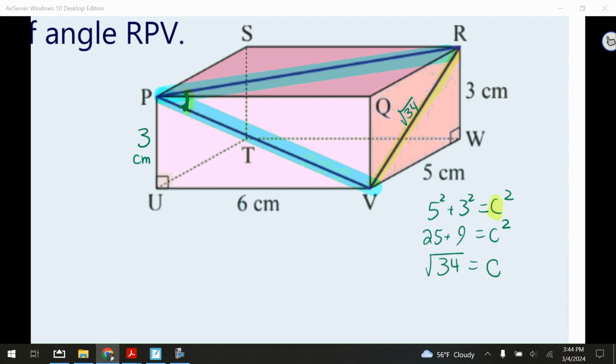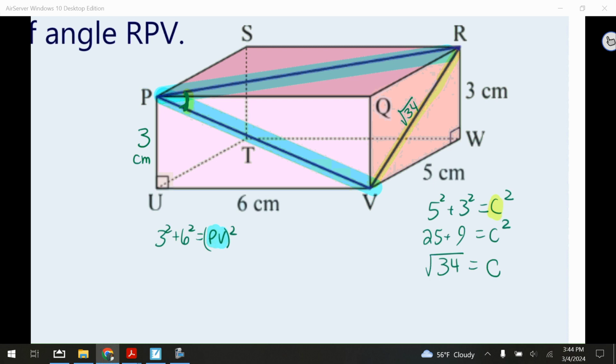So I can find PV by, again, doing Pythagorean theorem. I can say that 3 squared plus 6 squared equals PV squared, so I can be very specific that it's one of my blue lengths of that triangle in there.